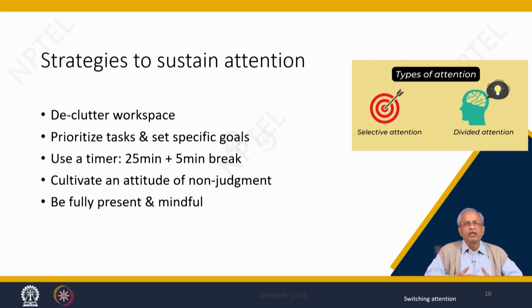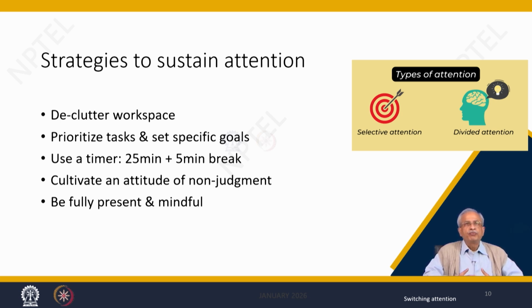If so many inputs are simultaneously affecting your system or sense organs, you would not be able to sustain your attention over a period of time. So, sustenance is not possible, or selective attention would not be possible, if you do not declutter it.